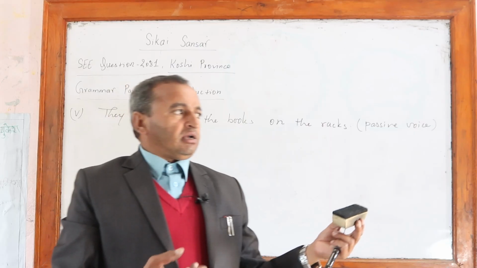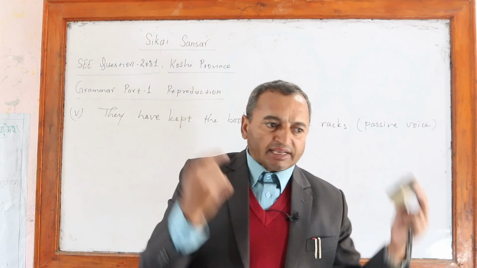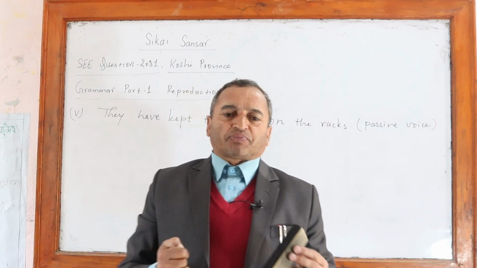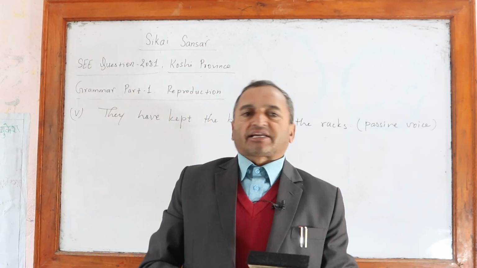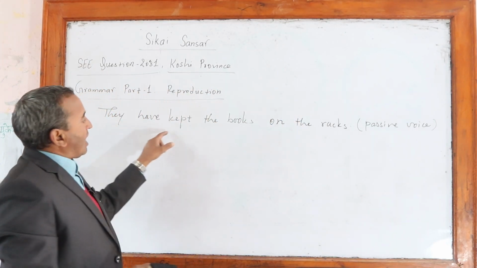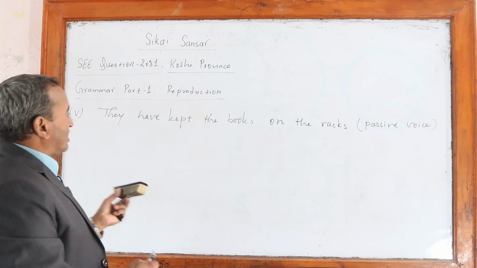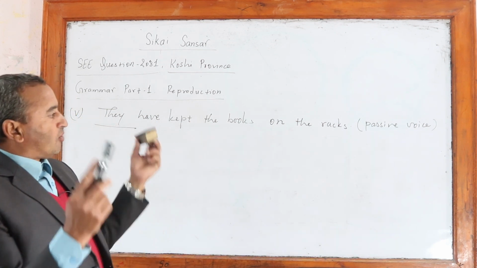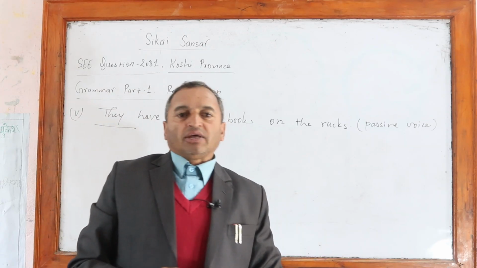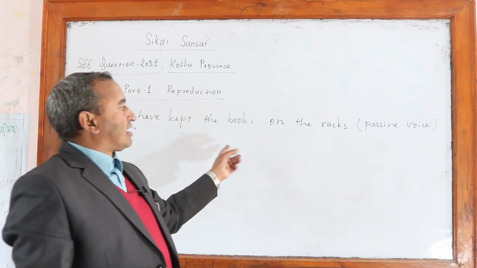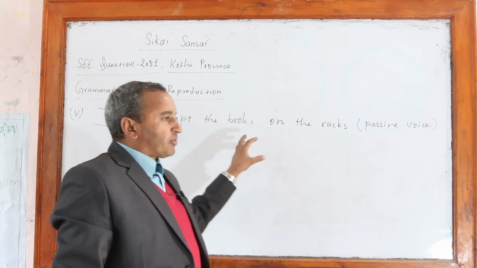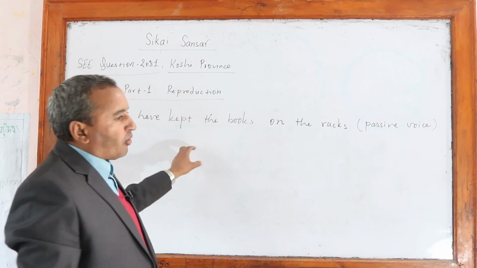When the doers, the agents, the actors are very active to do something, that becomes the active voice. Look here, they have kept the books on the racks. They means the subject. Many people are keeping the books on the racks, so the doers are prominent here, doers are important here.